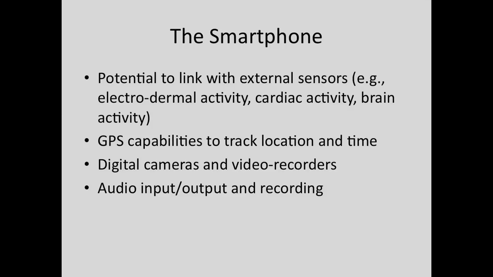There's also GPS capabilities if you want to track location and time. I'm not even going to get into digital cameras and video recorders, but we have people, perhaps, narrate after a very negative interpersonal event what happened, and so it's a better report because it's closer in proximity to that, perhaps audio input, output, and recording.